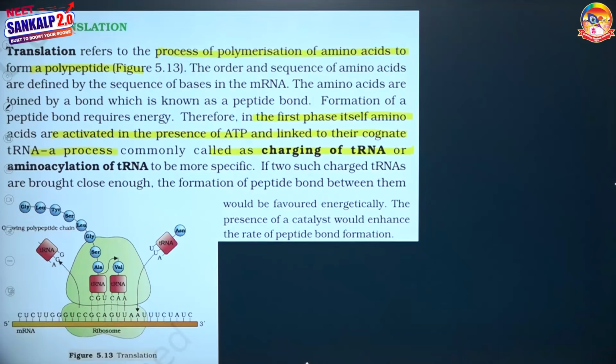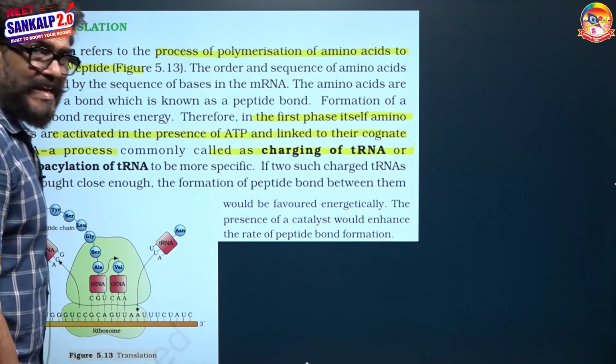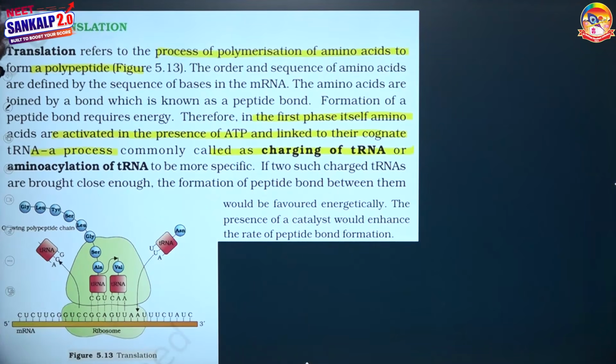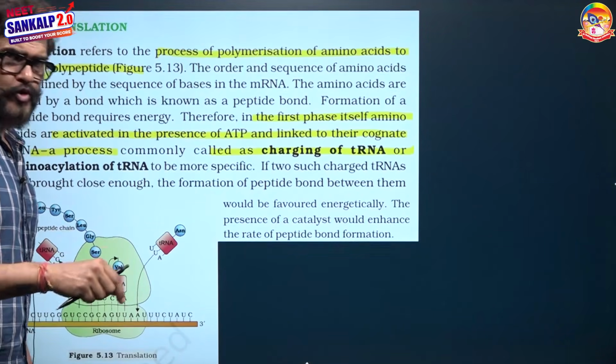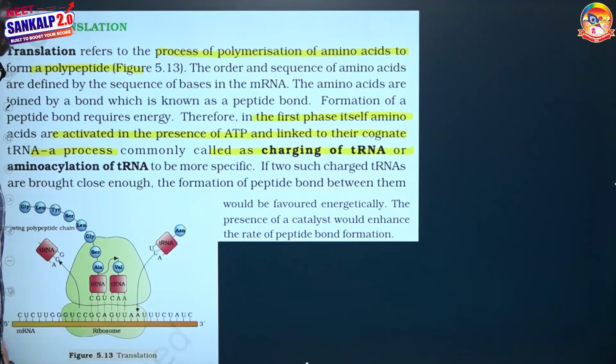If two such charged transfer RNAs are brought close enough, peptide bond formation will proceed, and this reaction is catalyzed by 28S ribosomal RNA of the 80S ribosome and 23S ribosomal RNA of the 70S ribosome.